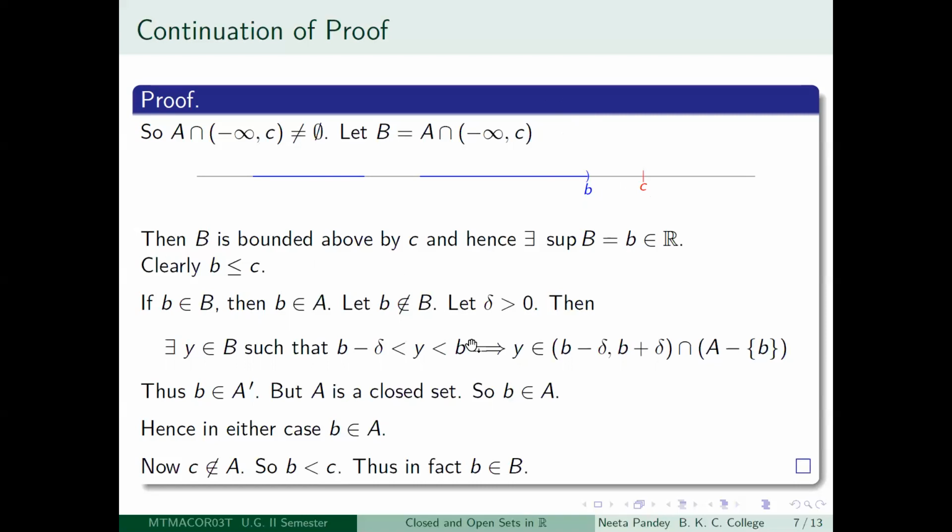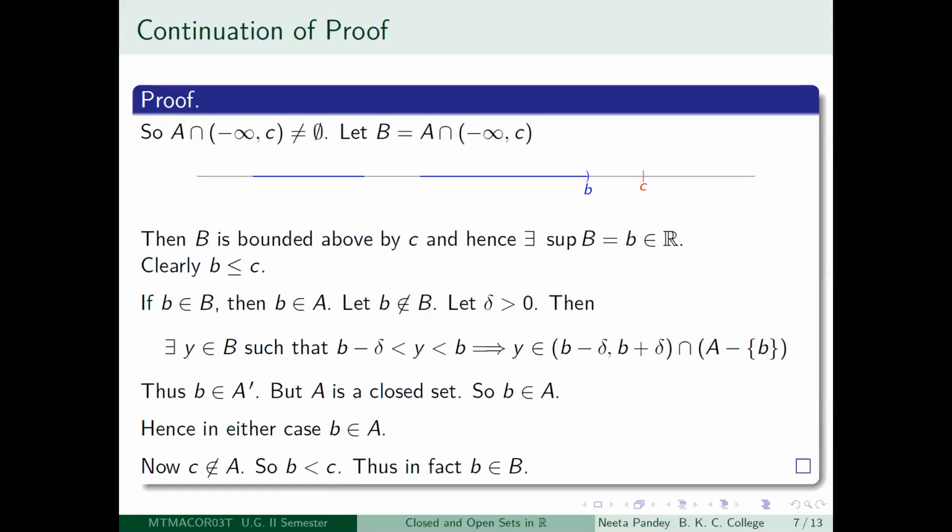Again arguing as before, let us see if b belongs to capital B. Notice in this picture we have again used the right-hand first bracket at the end of the open interval, to show that b may not belong to capital B. We will prove that b will actually belong to capital B.